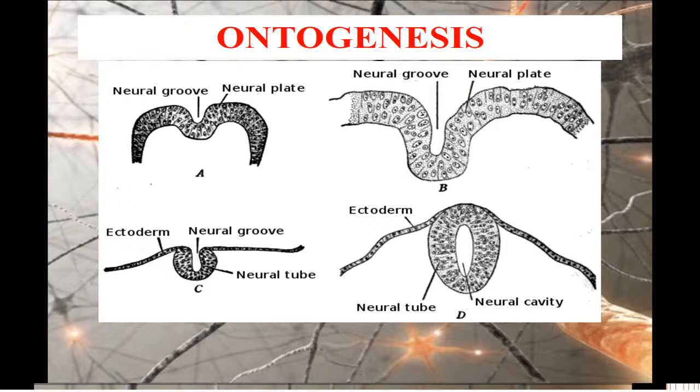Finally, the margins of this neural groove will match together and will form the neural tube. This neural tube gives rise to development of nervous system. Its cranial part will develop into the brain and its caudal part will give rise to the spinal cord.